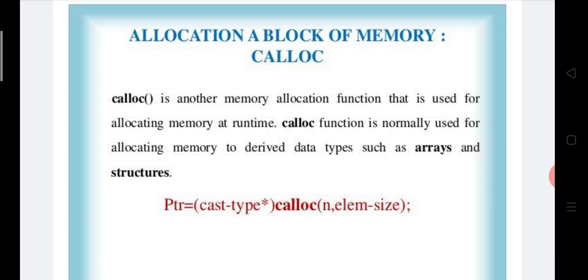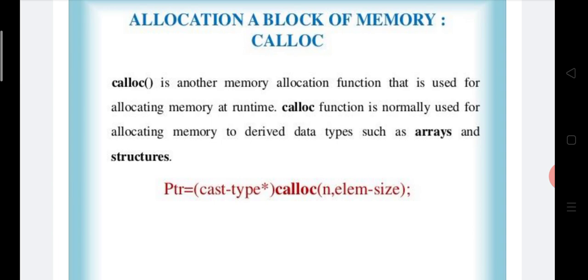Calloc is basically designed for derived data types, which are arrays and structures. We already discussed in chapter number 1 what is meant by derived data types, which are data types that come from other data types. The syntax is ptr, the pointer variable, is equal to typecasting, calloc, and element size. Calloc allocates memory and the allocated memory is assigned to the pointer variable ptr.